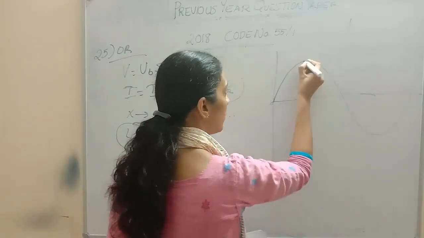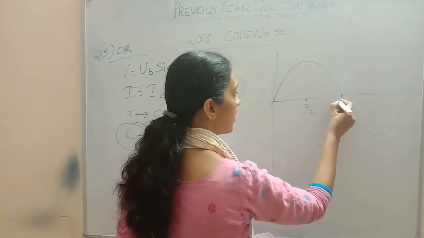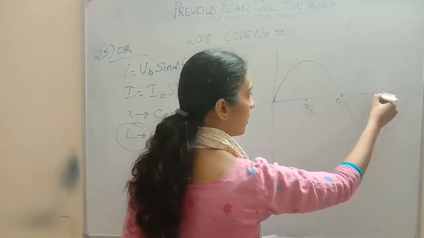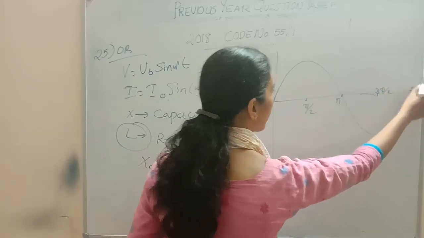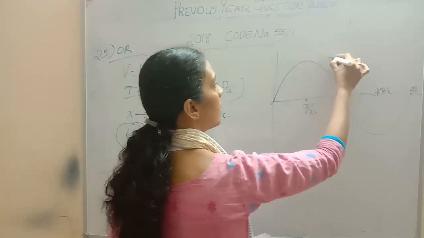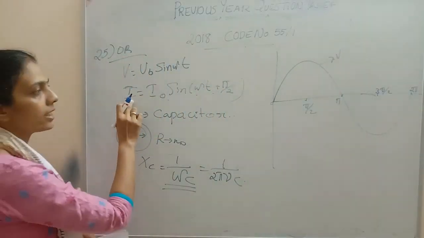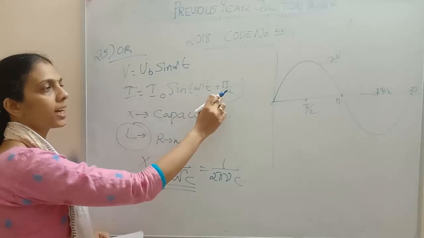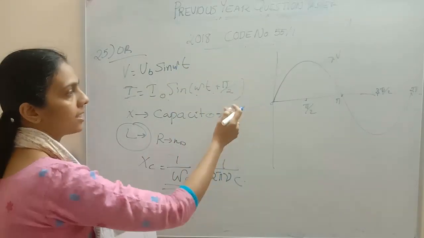This is 0, this is pi by 2, pi, 3 pi by 2, and this is 2 pi. This is V. Then I equals I0 sin(omega t + pi by 2).